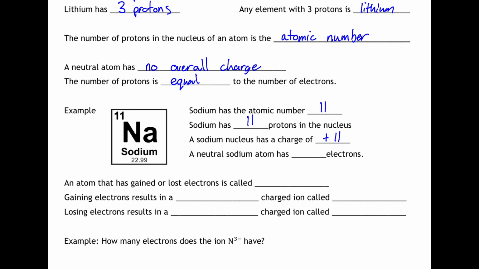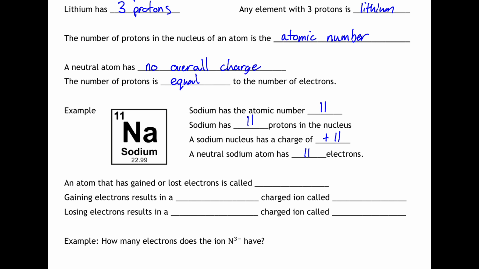It has 11 protons in the nucleus, 11 positive charges. A neutral sodium has how many electrons? 11. It wasn't a very exciting set of blanks, but it's just to show the parity of all the things. The atomic number is 11. It has 11 protons. That means it has a plus 11 charge on the nucleus, and a neutral atom would have 11 electrons. You've got to make sure you know all these things.